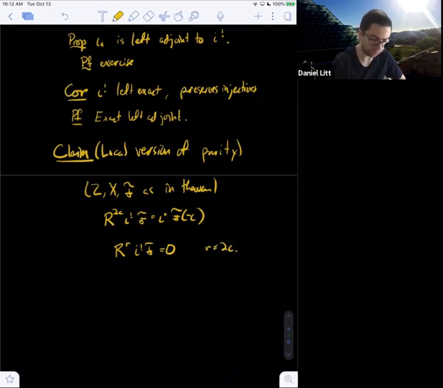And here for r equals 0, this is clear because F is locally constant constructible, so it doesn't have any sections supported on Z. It's locally constant. All right.